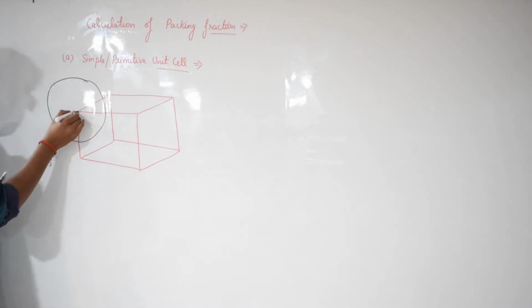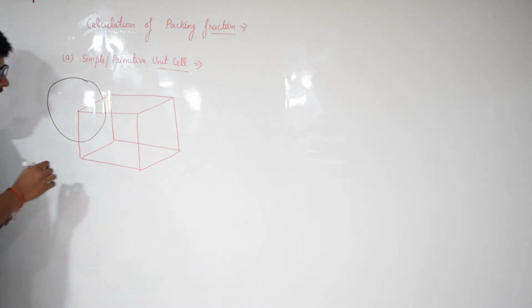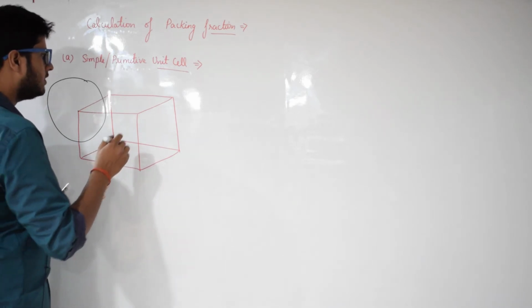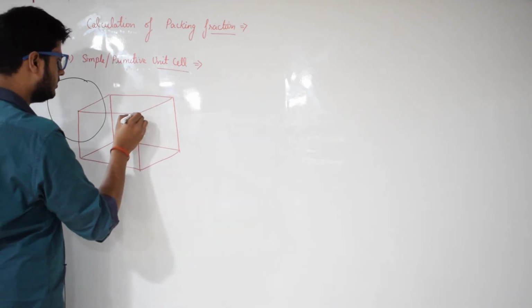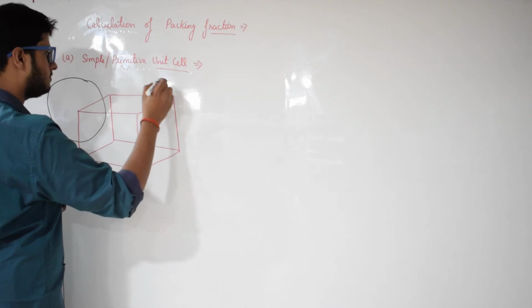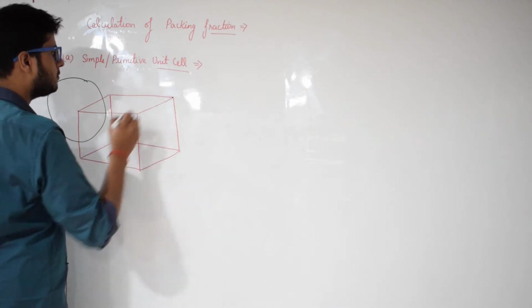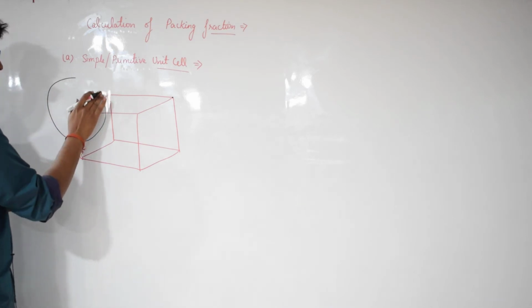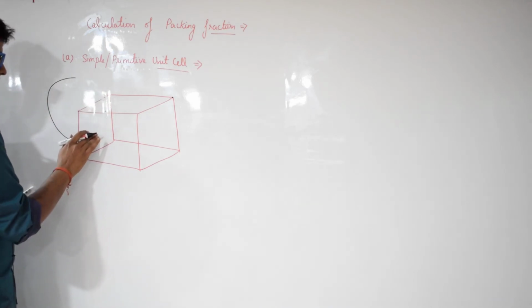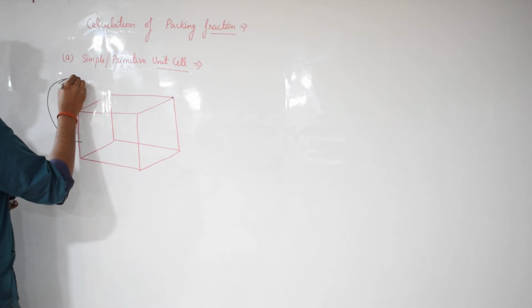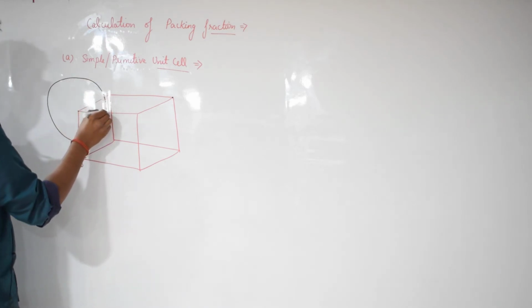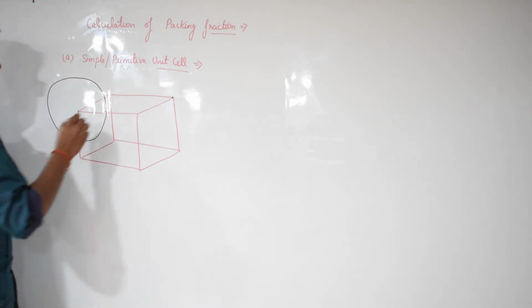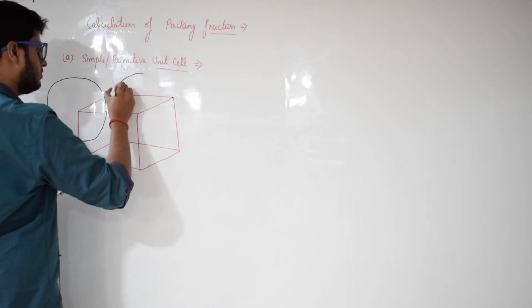This is the particle which is present on this point, and let us have a particle which is present on this point, and a particle which is present on this one.